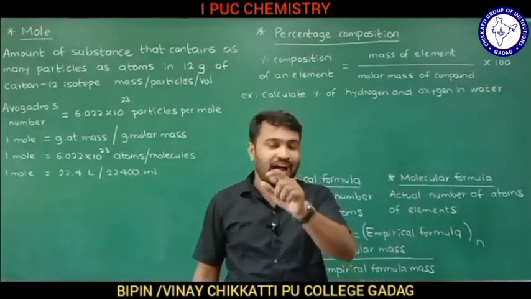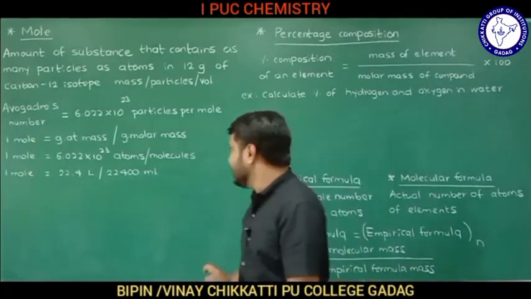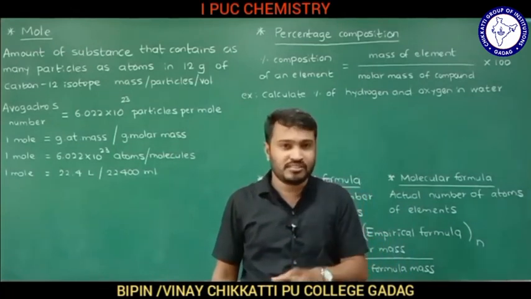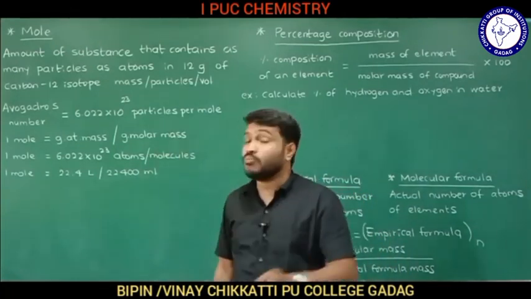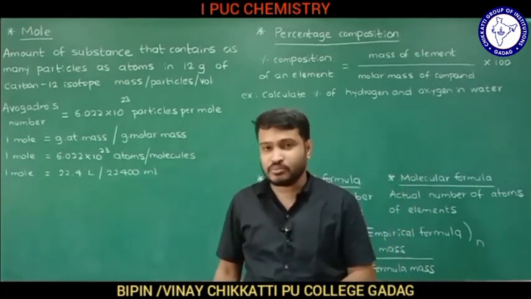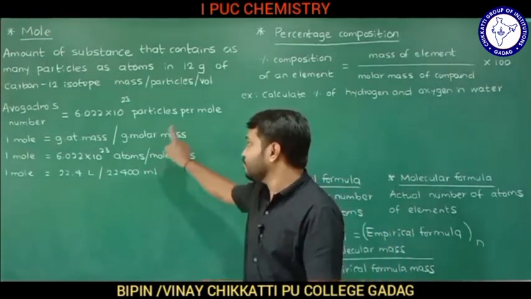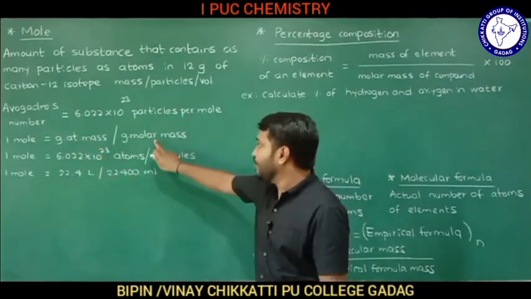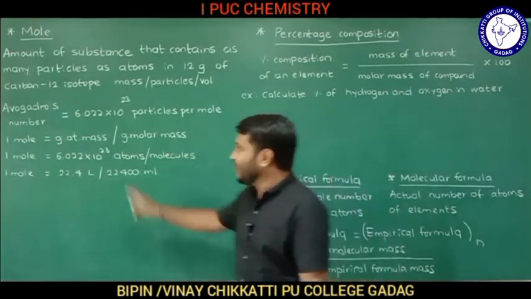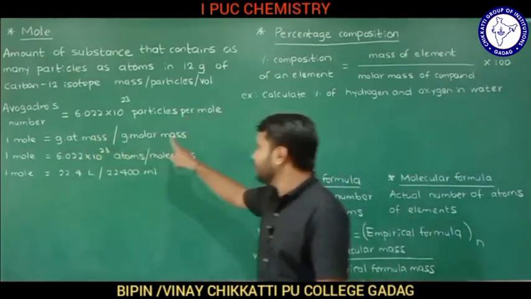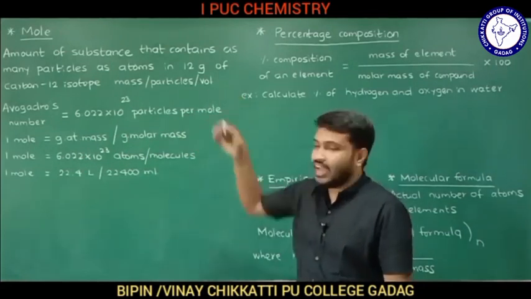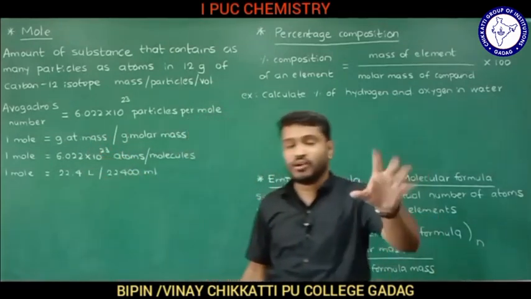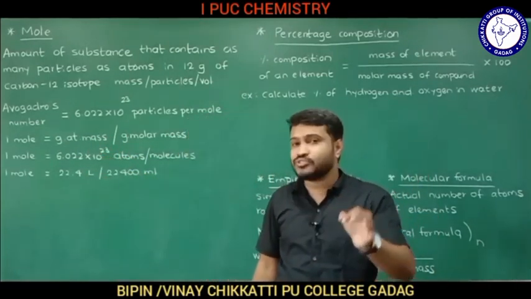So in that case I used the term formula mass, and here I am going to use molar mass. The mass of 1 mole of a substance in grams is called the molar mass. So if it is an atom, atomic mass; if it is a molecule, molar mass. So 1 mole is equal to gram atomic mass or gram molecular mass, depending on whether we have an element or a compound, atom or molecule. Out of these, this is in terms of mass.